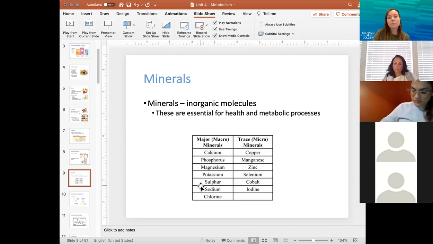Is there such a thing as too much calcium? Honestly, with everything, you can have too much or too little of almost any of these. But fortunately, for the most part, our bodies are able to get rid of excess amounts. We talked about the lipid soluble vitamins, where we can't, so that can be an issue.